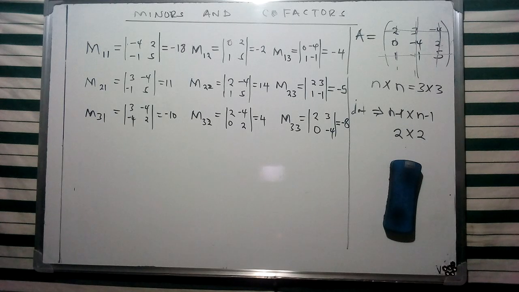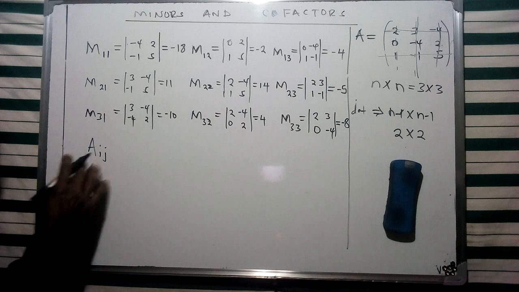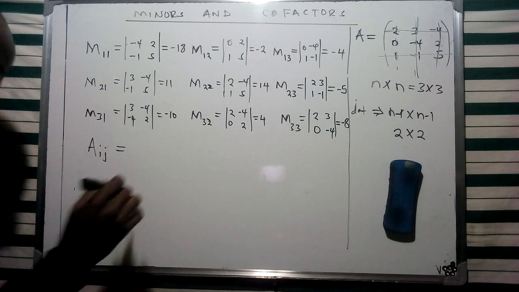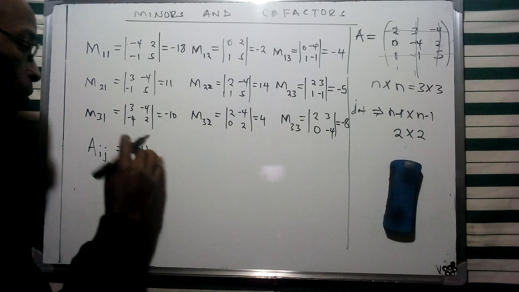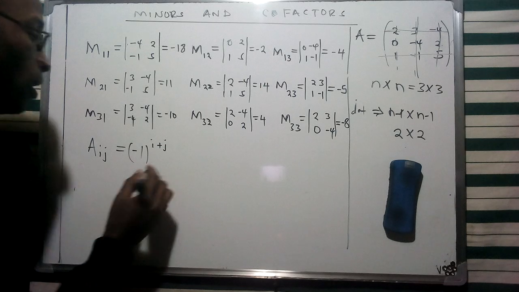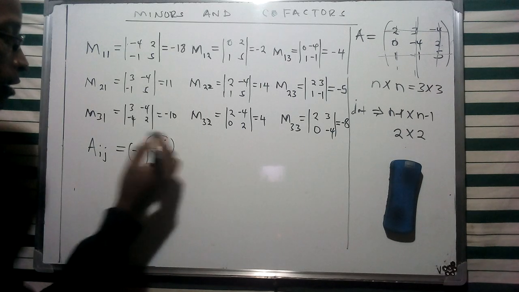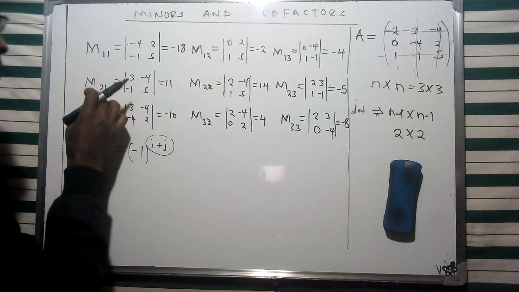Now we can also obtain what we refer to as the cofactors. For us to obtain the cofactor of this matrix A, it's given in terms of negative 1 raised to the ith row plus the jth column. This specific section basically represents the summation of the orders of the matrix, 1, 1.